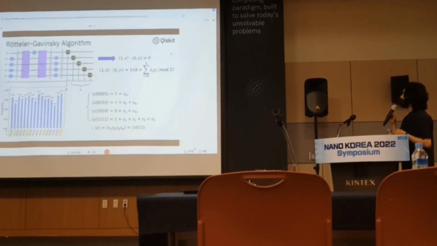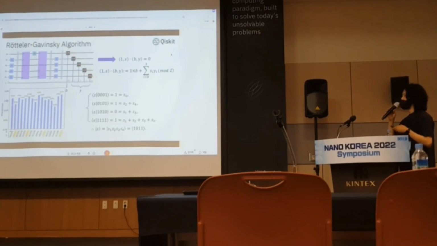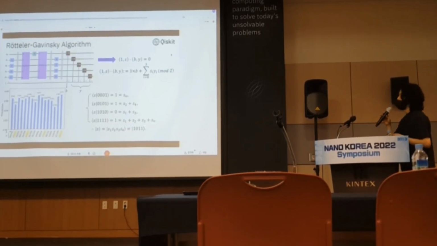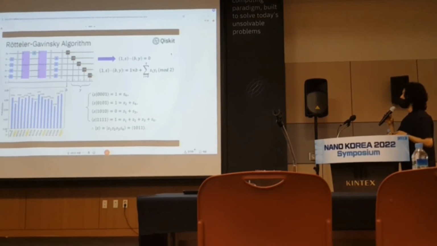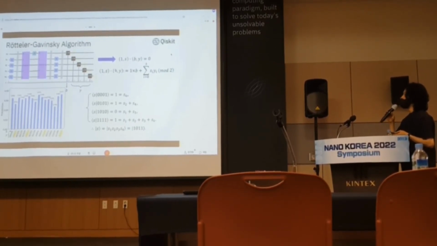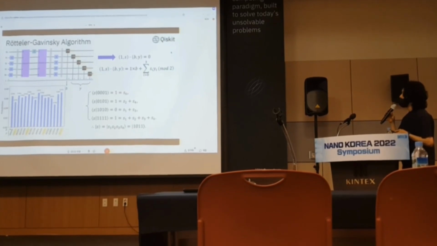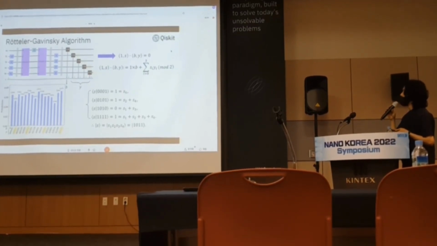This means that the b, y string is orthogonal to 1, s, and the word orthogonal is not used in the usual sense. We define orthogonality by this dot product, and this dot product is defined by modular 2 addition.